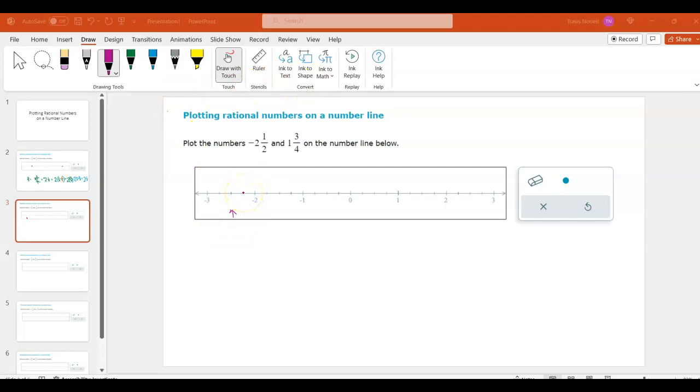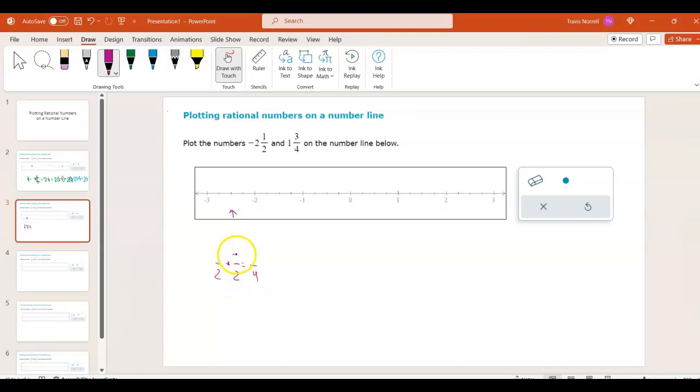Notice it's split up into fourths: 1, 2, 3, 4. So if I take 1/2 and I want it to have a denominator of 4, what do I need to multiply 2 by to get that 4? Well, I need to multiply 2 by 2 to get 4.